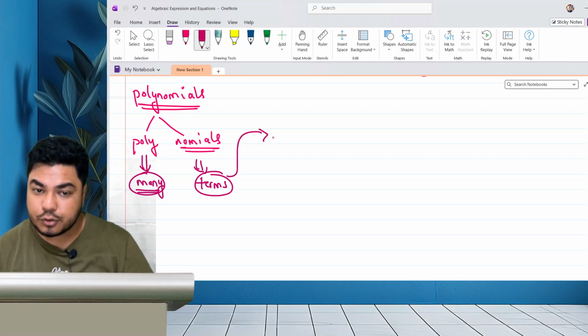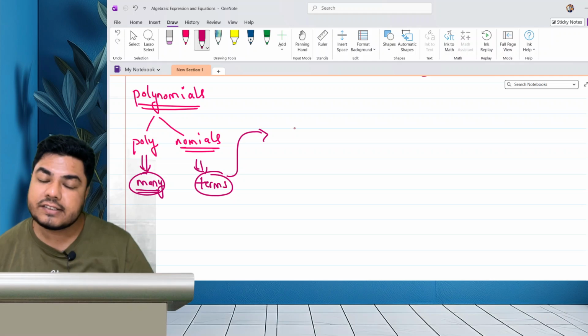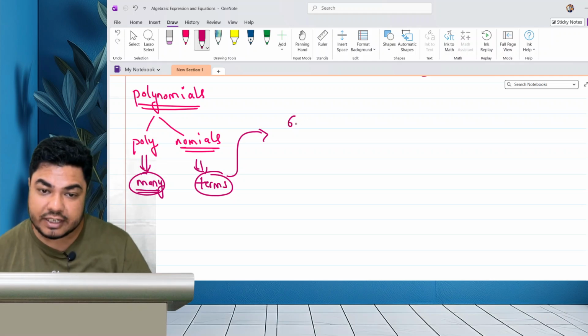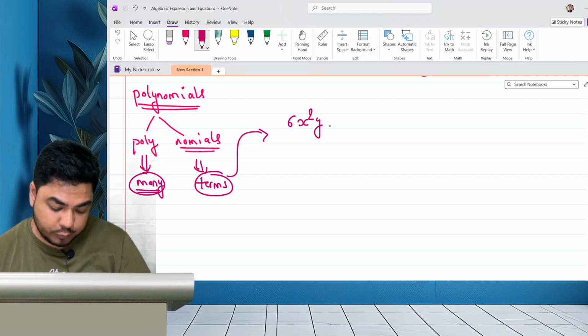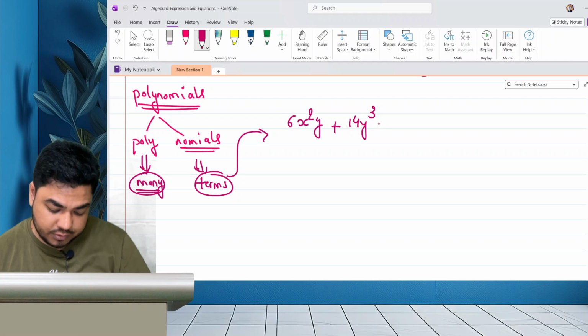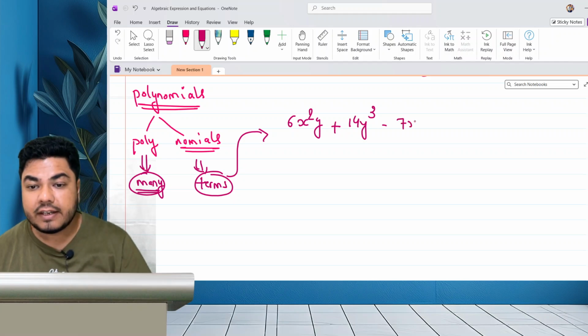That also we are going to understand, by looking at one simple expression. So let me write in front of you 6x square y plus 14y cube minus 7x plus 15. Okay.